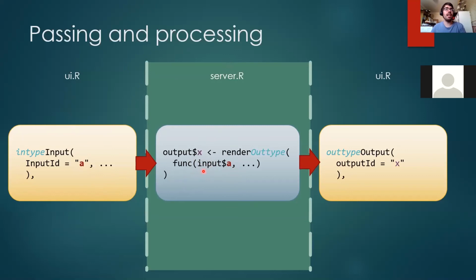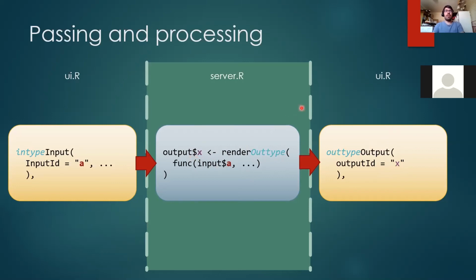The server can take that, if it's a string, a file or a number or anything, and input it into any functions and processing you need to do in your server. It renders an out type, such as a graph, and assigns that to output X, which then gets outputted. And again, you see out type, use the same term there, plot, text, whichever one you're using, and your output ID then reads whatever's gone to X here.